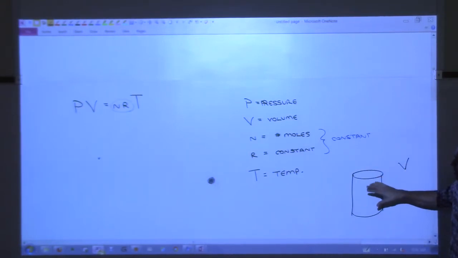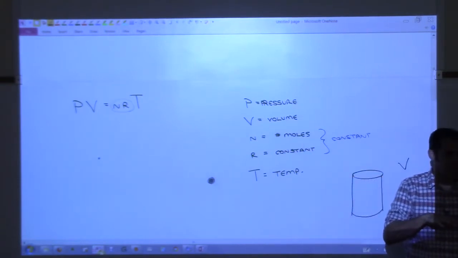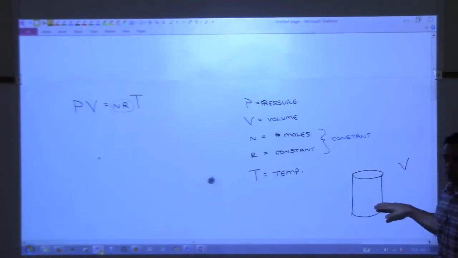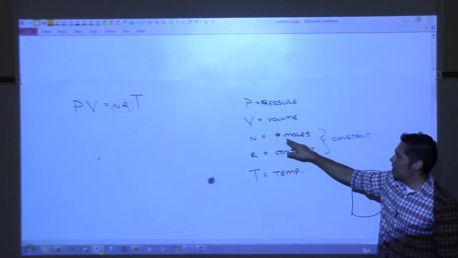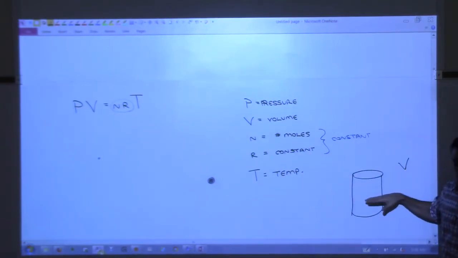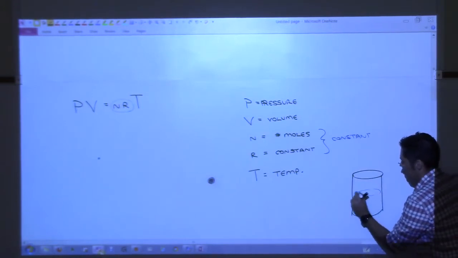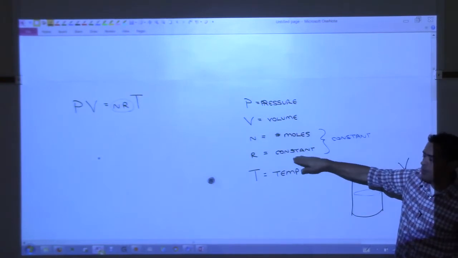Then you have your volume, a certain pressure within the container, and a certain temperature within the container. And then the number of moles is related to how much stuff you have in there. Say you have some liquid in here. Number of moles is going to be fixed, and then this is a constant.